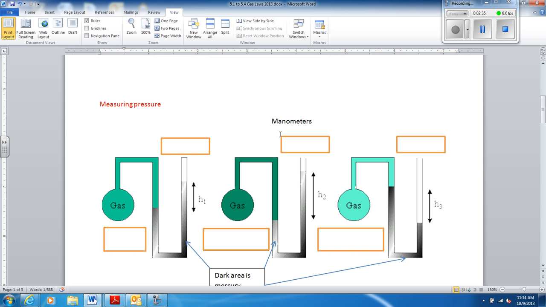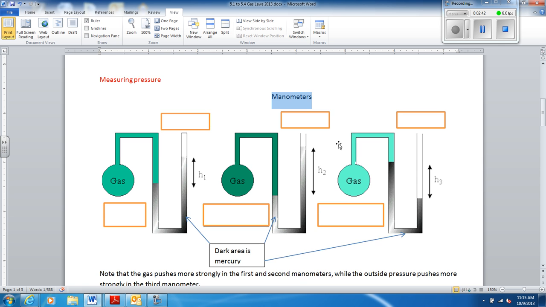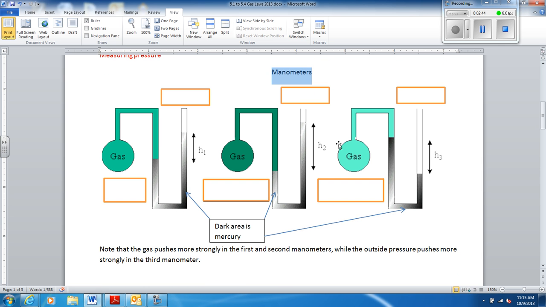Now we measure pressure using a manometer or sometimes a barometer. You might hear the barometric pressure when you're listening to the radio. And you should note that the dark area here, which ends right there, that would represent mercury. So when we talk about millimeters of mercury, we're talking about how high mercury gets pushed by either atmospheric pressure or by a gas.